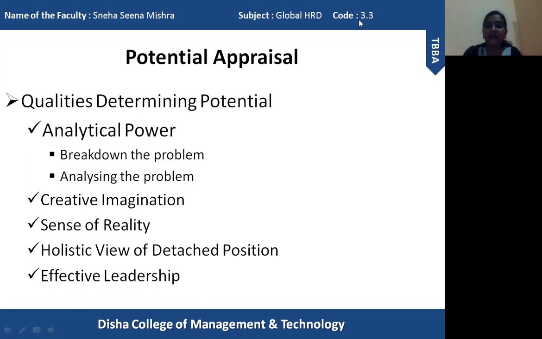So sense of reality is extremely necessary whenever we are doing our work, whenever we are facing a new situation, whenever we are trying to solve a new problem or any problem. We need to have a proper understanding of reality. We need to understand that execution of the solution is extremely important.